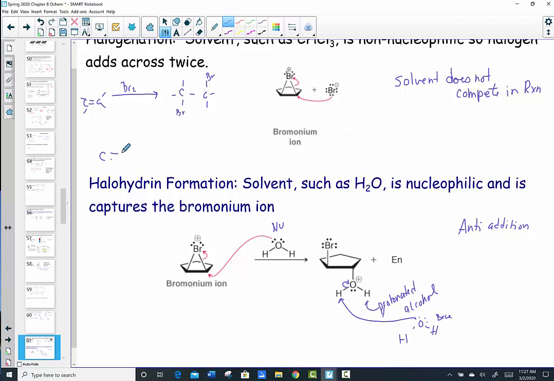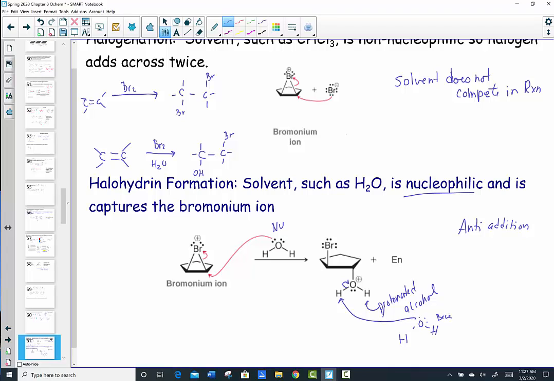But if we see molecular bromine and a solvent such as water on the arrow, we will walk through the mechanism a few times yet, but ultimately we need to walk away seeing that it is a bromine that adds and an alcohol that forms, a halohydrin formation. So water in the solvent is crucial in seeing a next step.